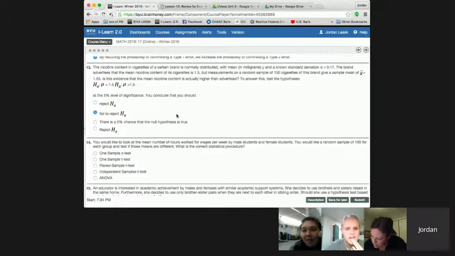All right. How do we find a p-value again? So we have to find a p-value. What type of test is this? Is it a z-test or a t-test? Like is it a one sample z, a one sample t, paired, and so forth?